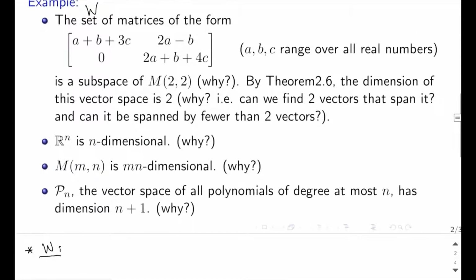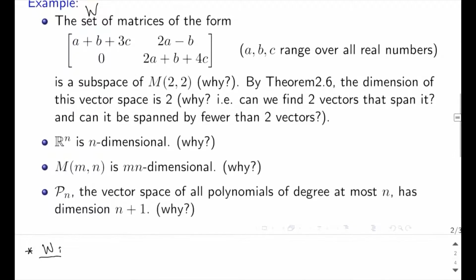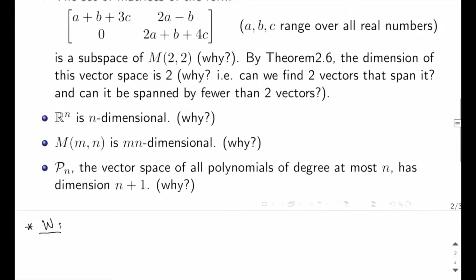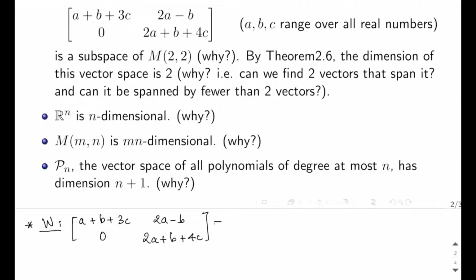Now, first, I'm going to look for a spanning set, to see how many vectors I need to span W. Any element from W will be of the given form. Now I'm going to split this form into the sum of 3 different matrices, each of them only containing a or b or c.